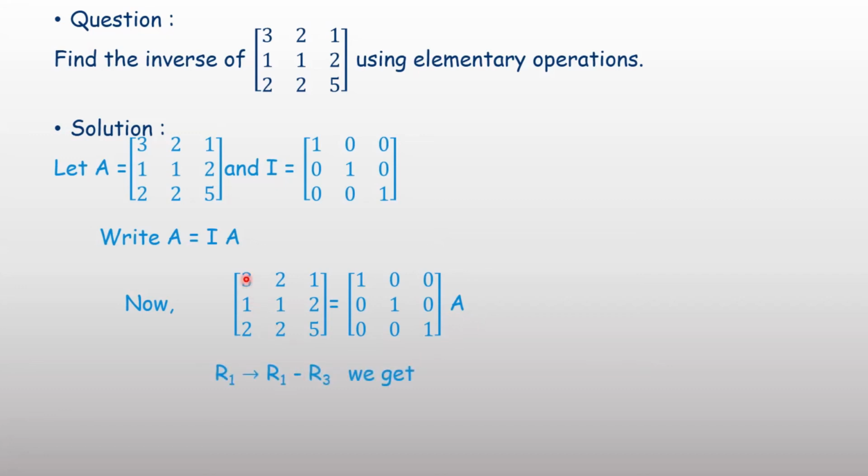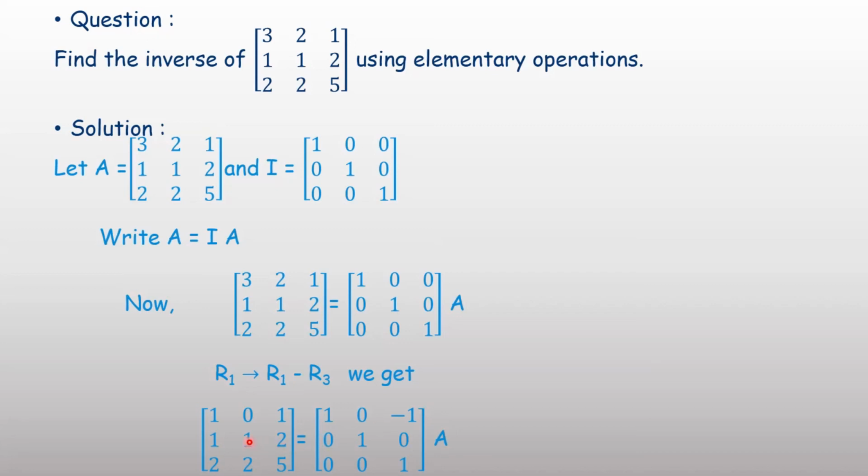Then, first element we can write 1. You have two options. We can write R1 replaced by R1 minus 2R2 or R1 minus R3. Easy. Here R1 replaced by R1 minus R3. If you subtract R3 from R1, you will get here 1, 0, 1, 1, 0, minus 1.